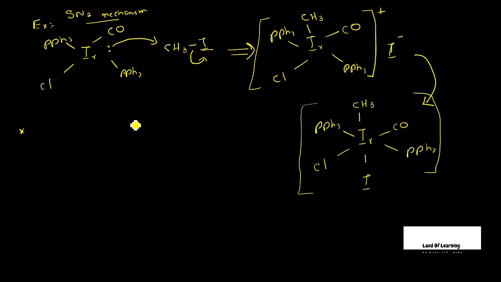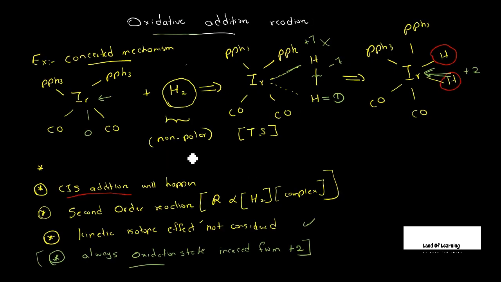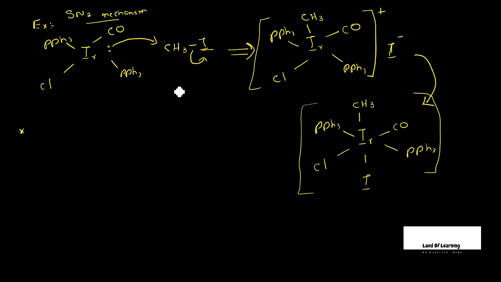If I tell specific things about this particular mechanism, in the previous mechanism, if you remember, we were talking about non-polar reactants. If you see non-polar reactants with our complex, then it most often goes for the concerted mechanism. But in this case, we have a polar group.